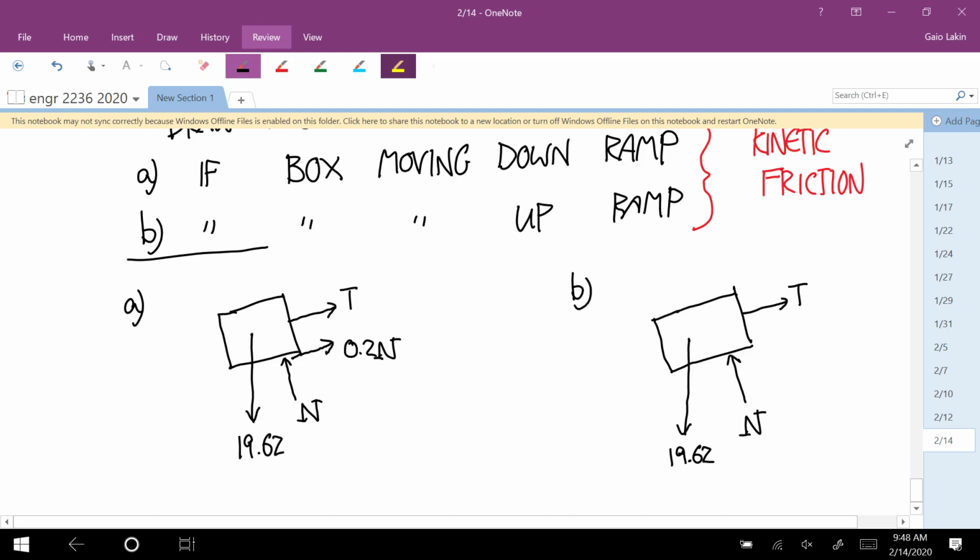But this time, since the velocity is up the ramp, the friction force has to be down the ramp with a magnitude of 0.2 N. So friction is always trying to slow things down. You know, it never helps the velocity speed up.